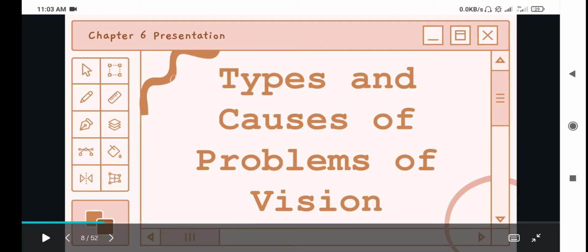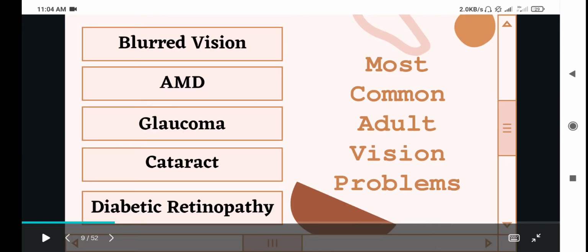So, the types and causes of problems of vision. We have two: the most common adult vision problems and childhood vision problems. First, the most common adult vision problems. We have blurred vision, AMD or age-related macular degeneration, glaucoma, cataract, and diabetic retinopathy.